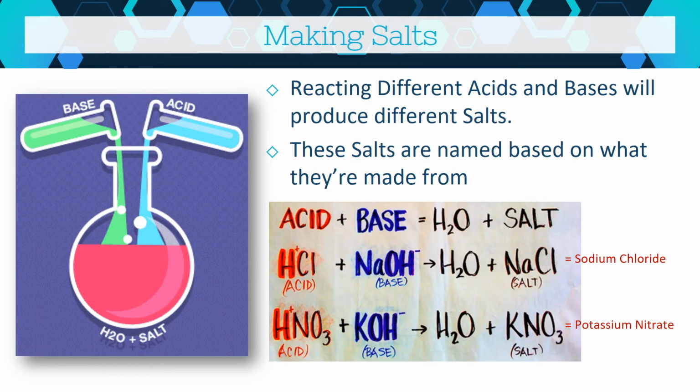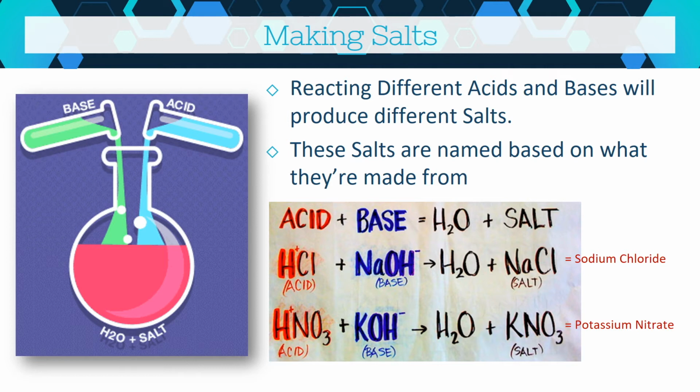All right. So let's talk about those salts we can make. Different acids and bases are going to produce different salts. Now, the salt gets named based on what they're made from. Okay, so you can see a bit of a table there. It says acid plus base gives water and salt.